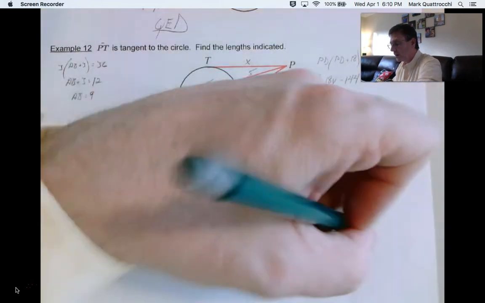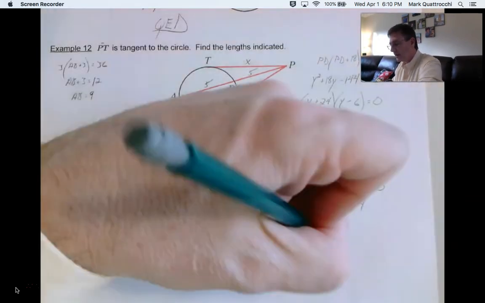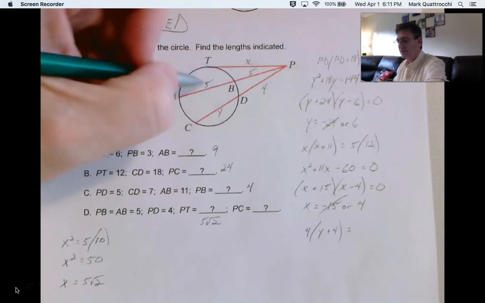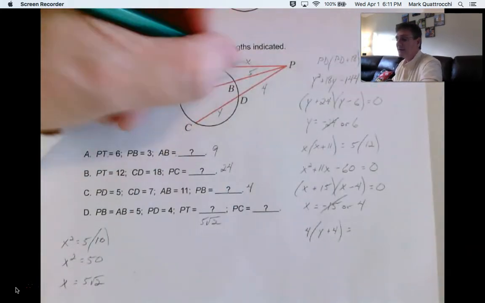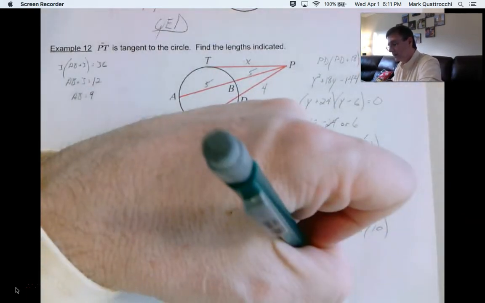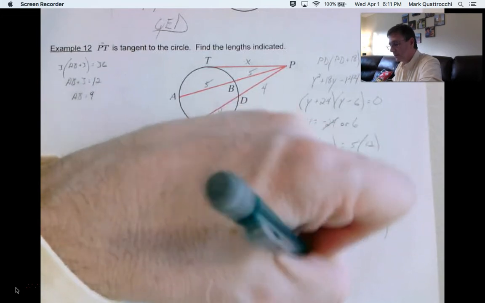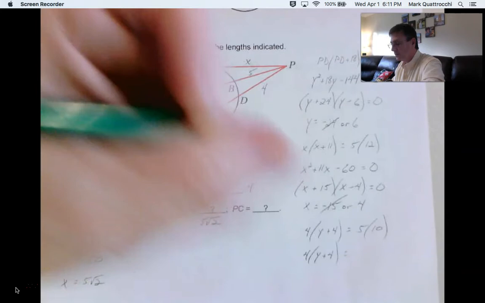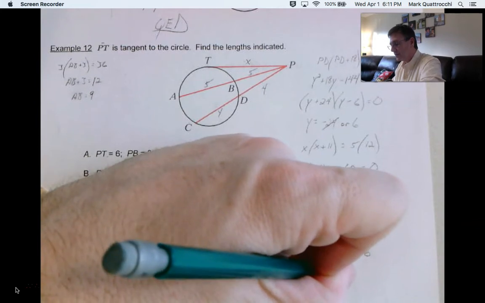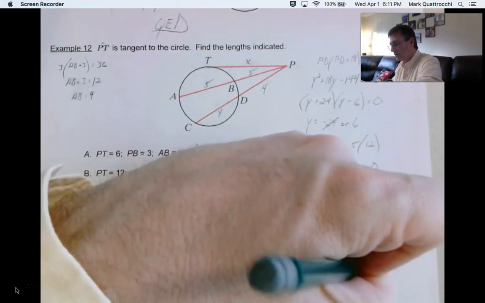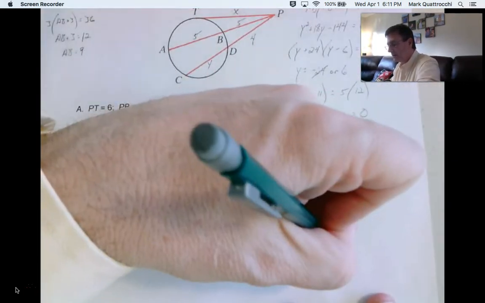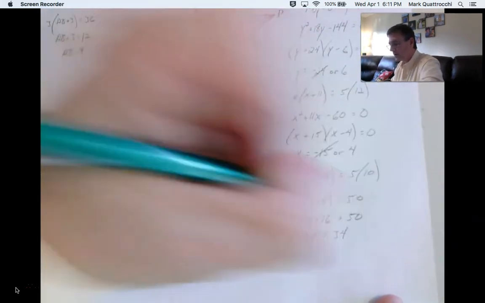So we have 4 times y plus 4 equals 5 times 10. 4y plus 4 equals 50. 4y plus 16 equals 50. 4y equals 34.